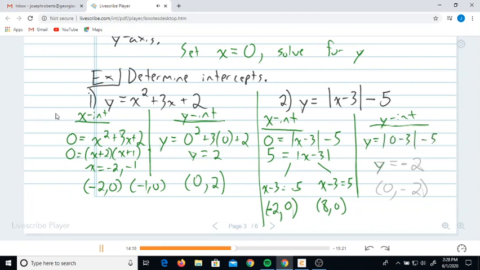And we get y equals 3 minus 5, which is negative 2. So our y-intercept is at 0, comma negative 2. All right, so there is our intercept example. So let's talk about circles.